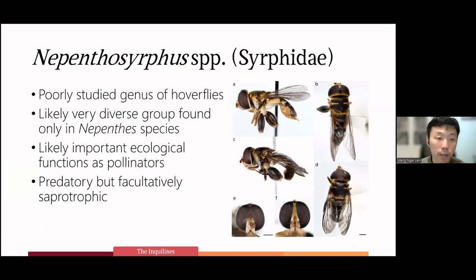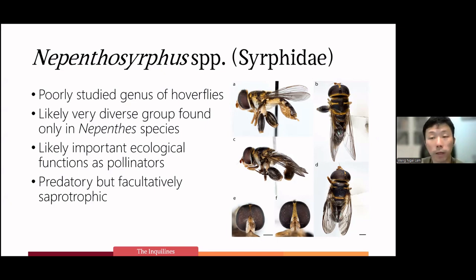Another species which I love is the Nepenthes species. These are hoverflies. They're a very poorly studied genus. They are likely to be extremely diverse. We have 2 species in Singapore, and Singapore is a small country where the diversity isn't great. And even these 2 species are probably new to science.